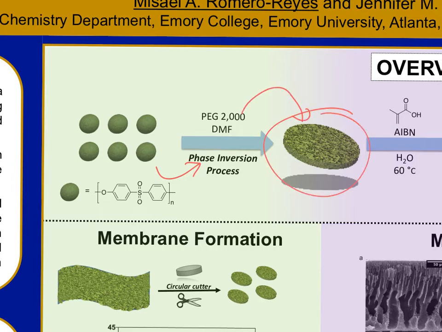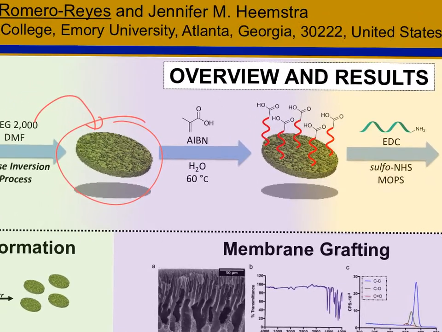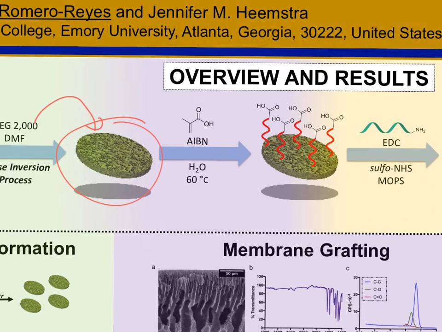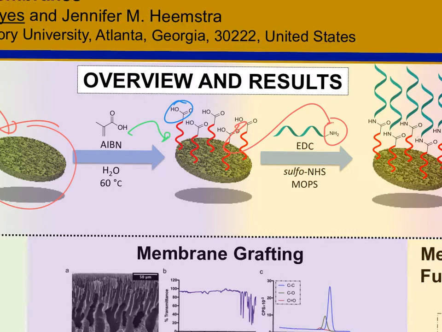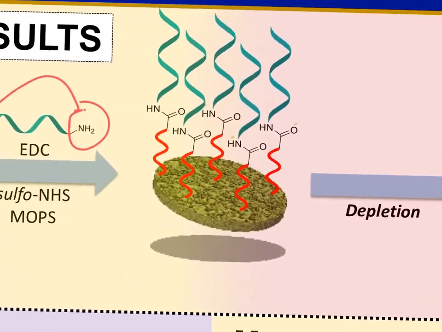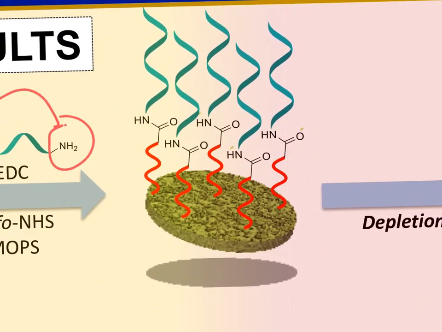This membrane then goes radical initiation with AIBN and using methacrylic acid as the monomer to create this membrane with polymethacrylic acid chains. The best thing about this is that we have a lot of carboxylic acids, and this create a great platform for an amino-modified aptamer to come and attach to it and form a peptide bond or an amide bond and covalently attach to the membrane.